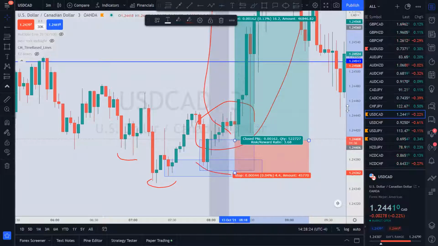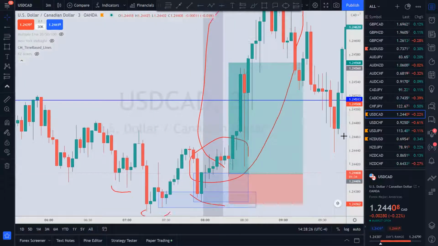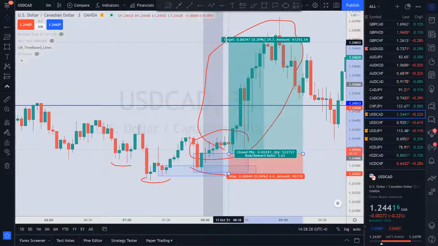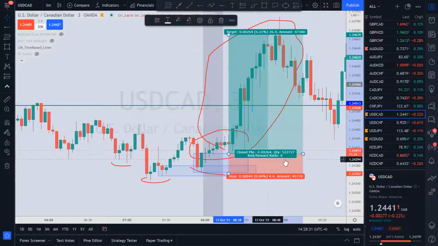This was your bus. And you mean to tell me you didn't want to take that 1 to 6 double R trade, 4.4 pips? It never came back to this order block because we have bullish order flow here.